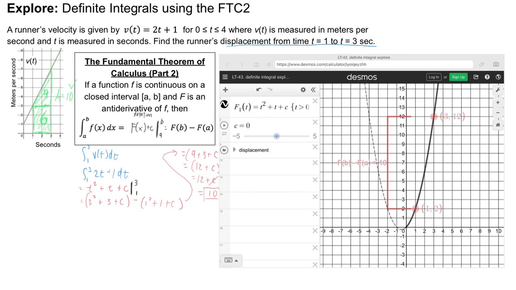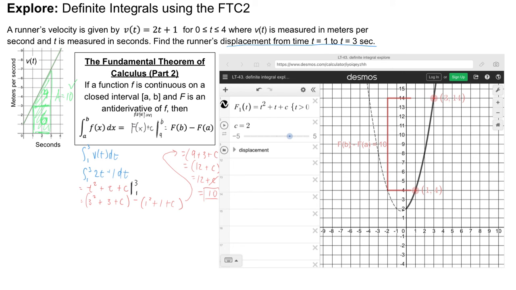So why don't you look at this slider here. If I move this c value, here's 1, here's 2, here's 3. What does the c essentially do? It makes the graph just shift up or down. We call it a vertical shift, if you remember your transformation rules. But notice what's happening to the displacement. No matter what the c value is, the value of the displacement is the same, because the displacement just means the change in the y values of the antiderivative function.